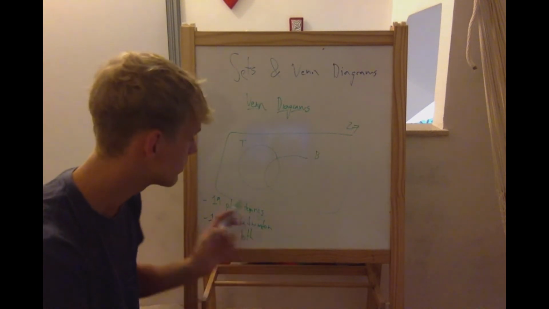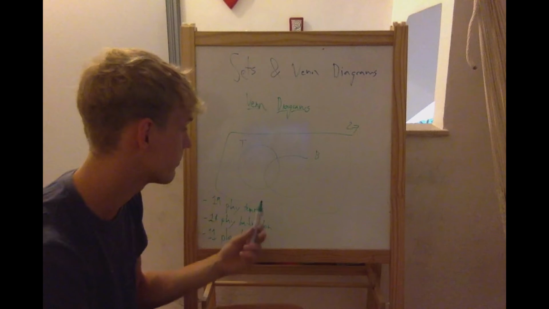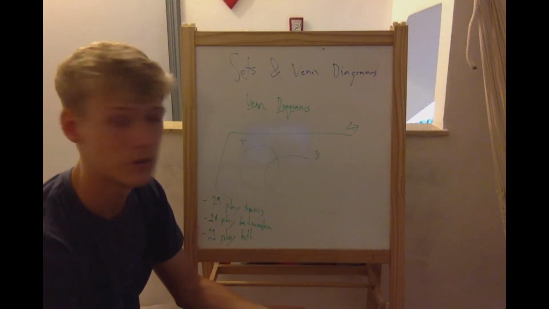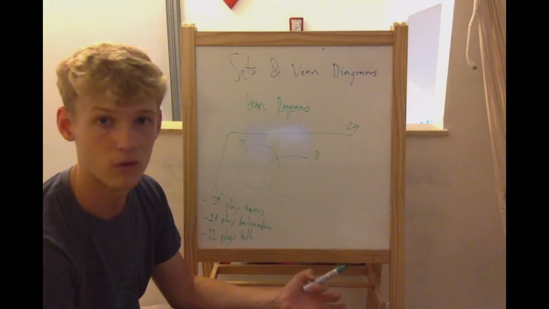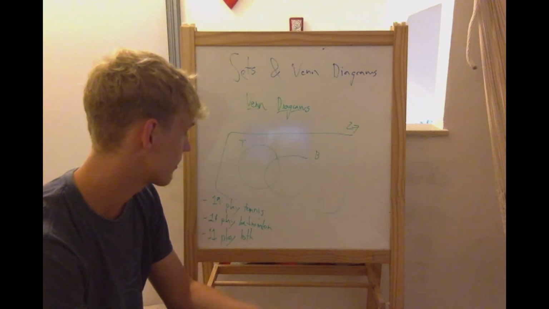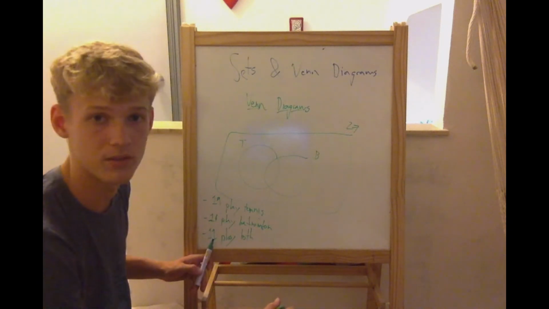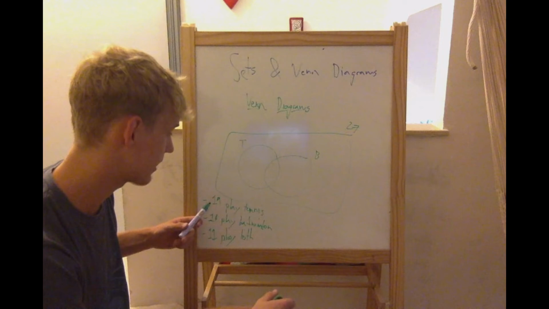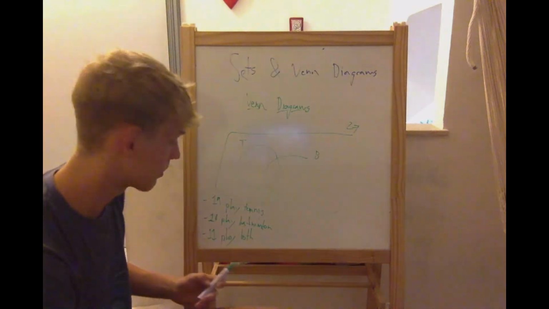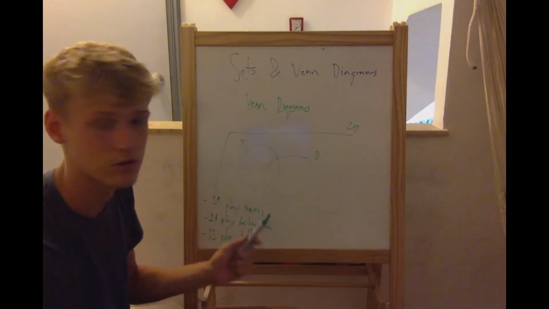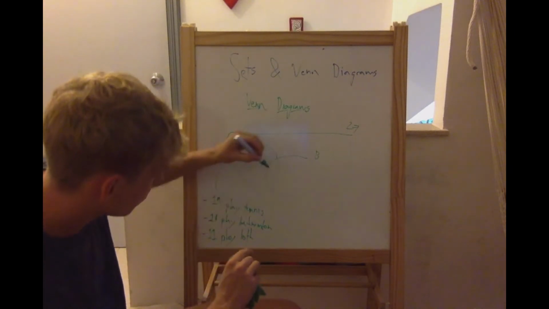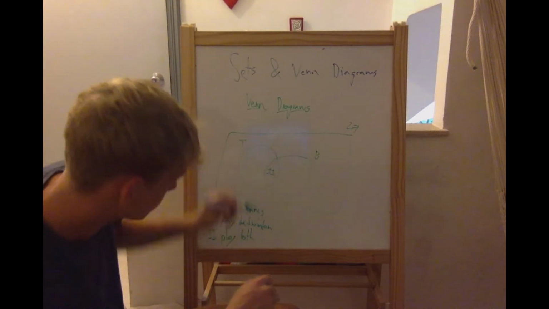If you just plugged all these numbers in, you'd get a number higher than 27, which means that something's gone wrong. So what we need to start with is the ones that play both. Because the ones that play tennis could play both, but the ones that play both are 100% in here. So we'll put 11 in here.